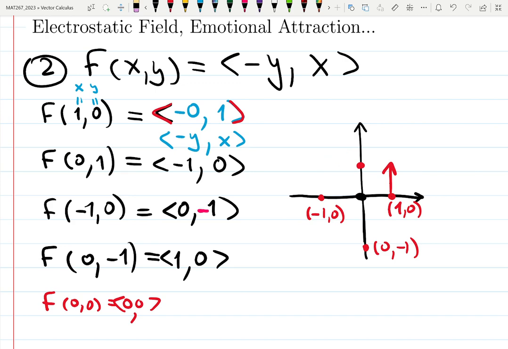So it's parallel. Like so. At minus 1, 0, there's no pulling on the x-axis, but it's pulling me down, because of the minus sign. And then the last one pulls me to the right, but not up. Do you see the pattern?